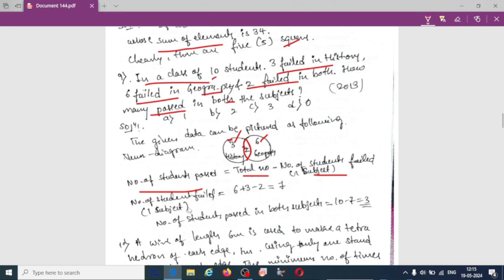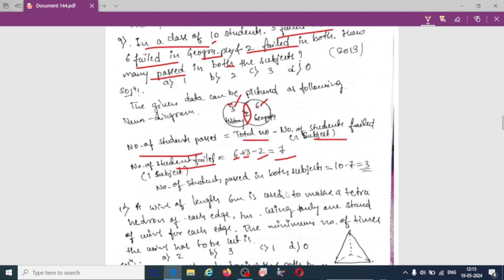So first we should know the number of students failed. 6 failed in geography, 3 failed in history, and 2 are common. Then you have to subtract 2. So the total number of students failed is 7, including both history and geography.